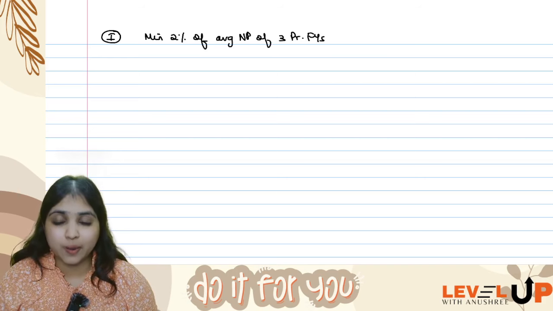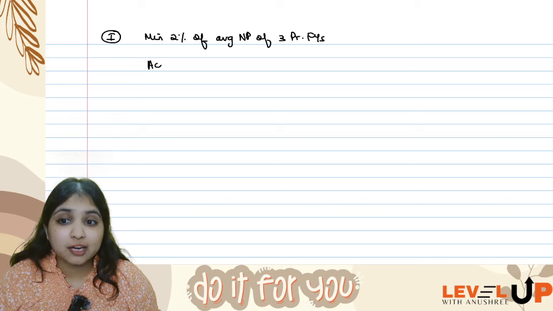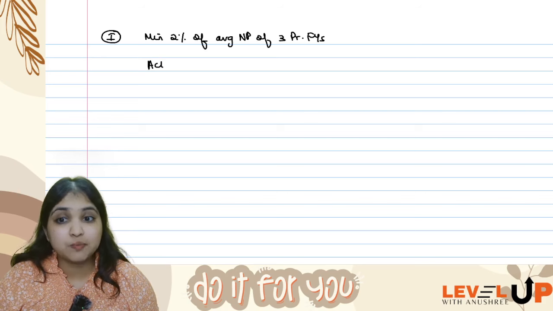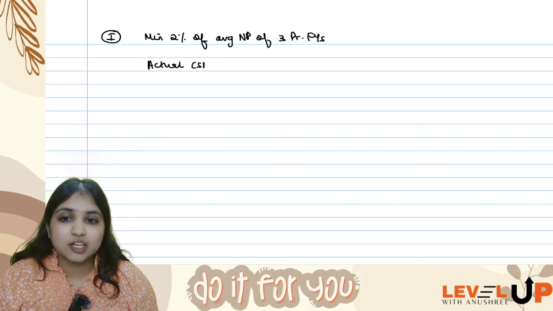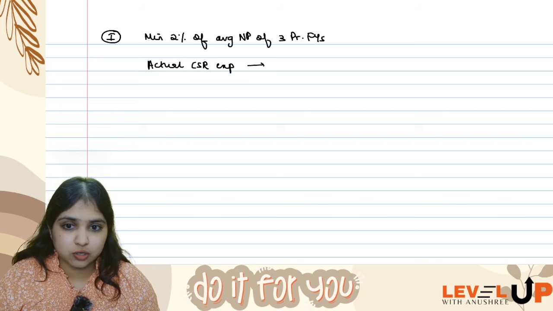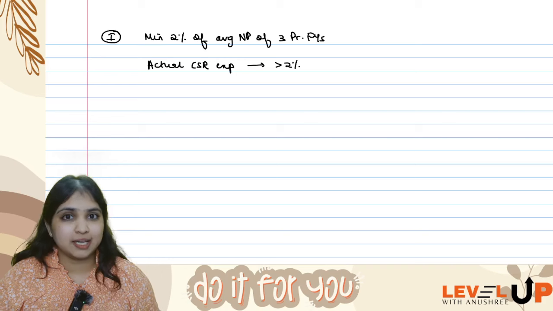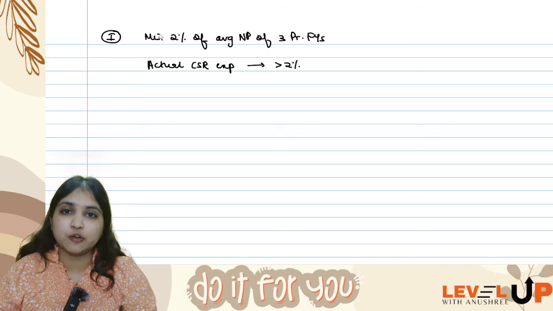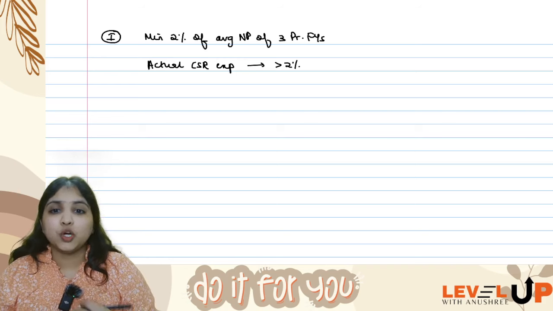This is the minimum requirement, guys. But what if actually the company spent more than 2%? What if the actual CSR expenditure is more than 2% of the average net profit of 3 preceding financial years? Then what will happen?